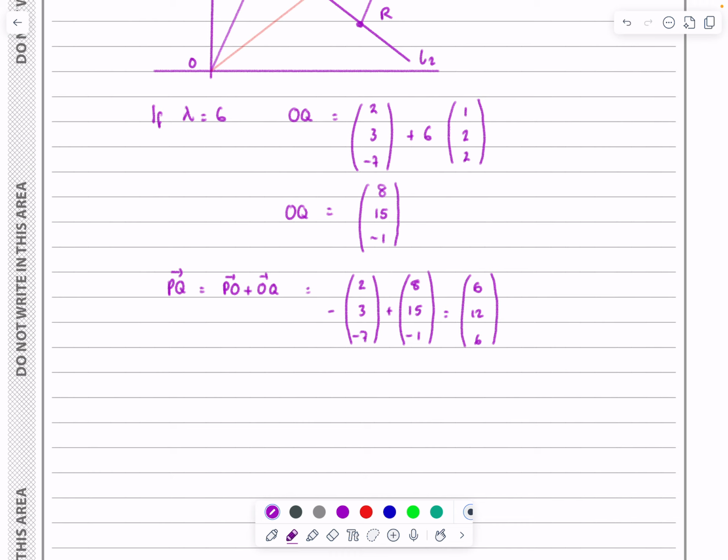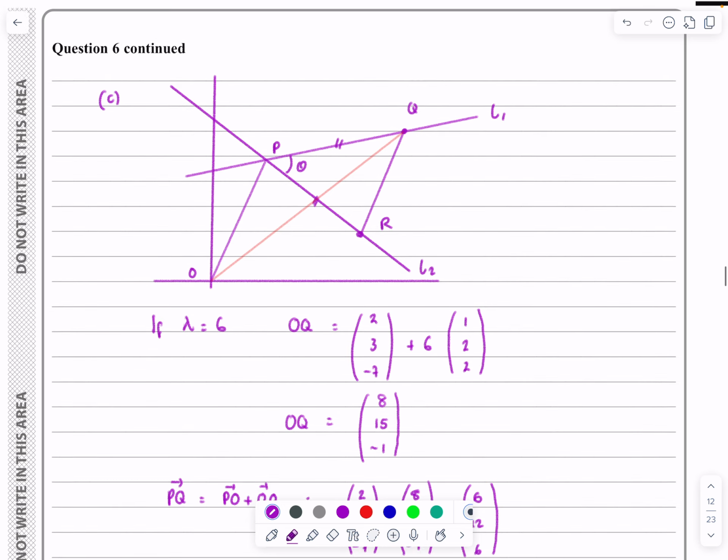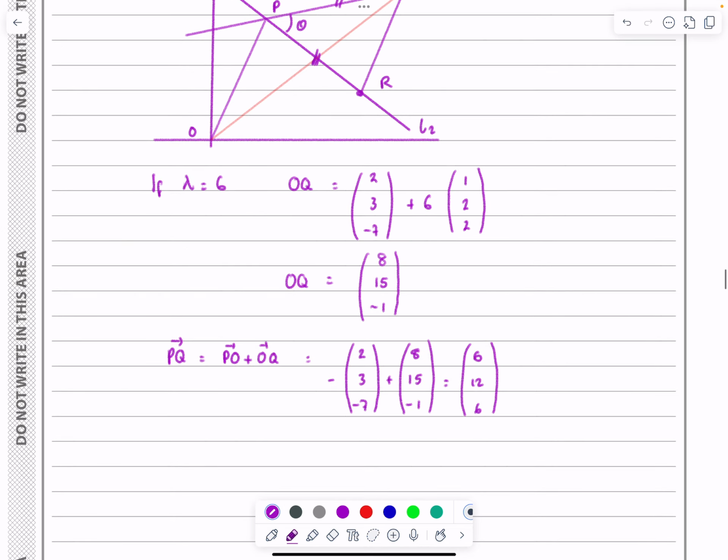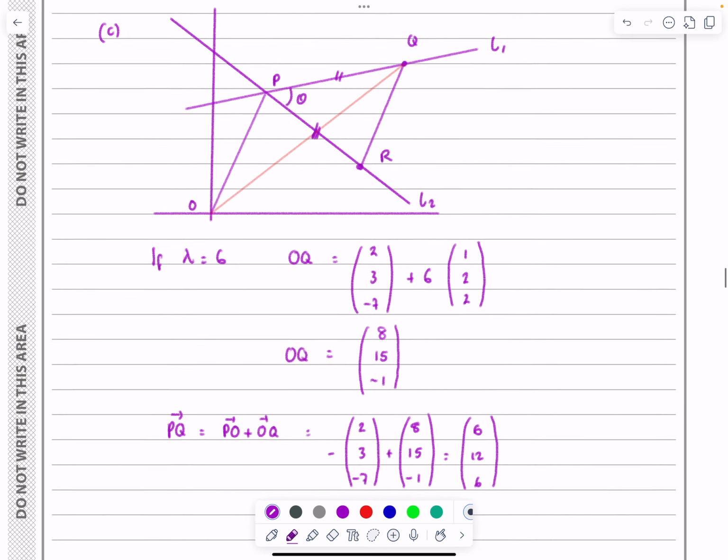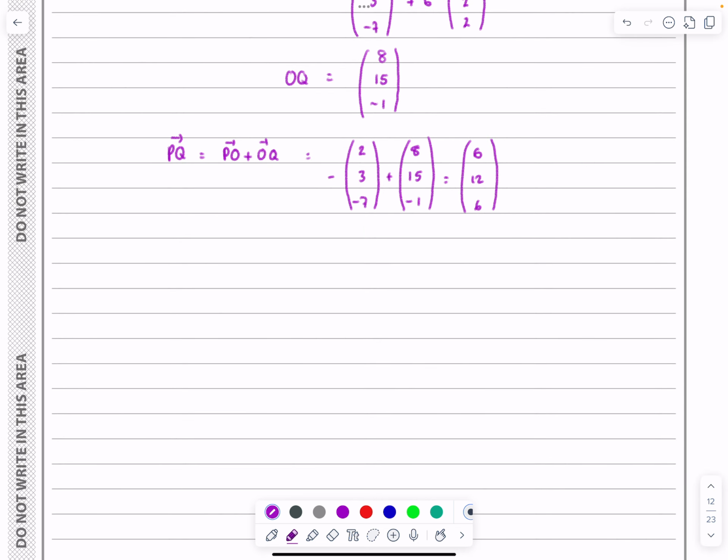Okay, so if we know that PR and PQ are equal to each other, then if we can work out the length of PQ, that will give me the length of PR, and I'll have two sides of this triangle. So the actual length of PQ, modulus PQ, that's just the square root of 6 squared plus 12 squared plus 6 squared again.